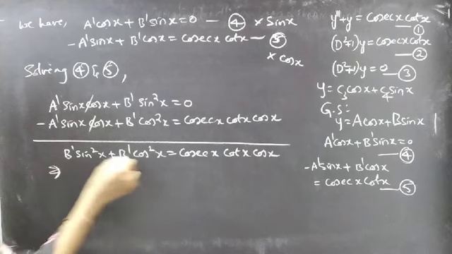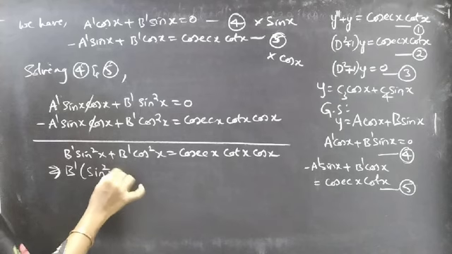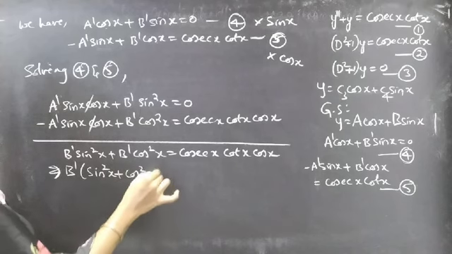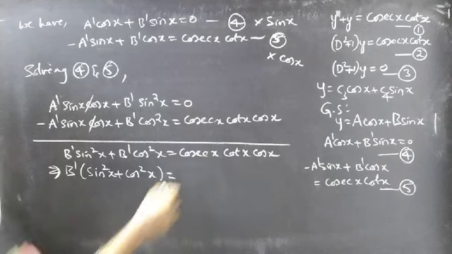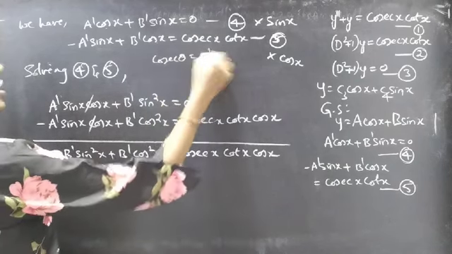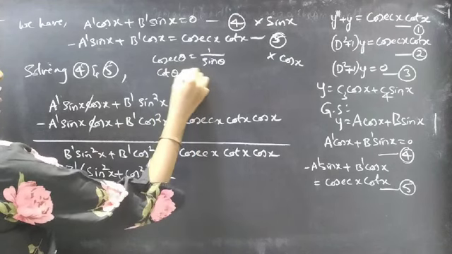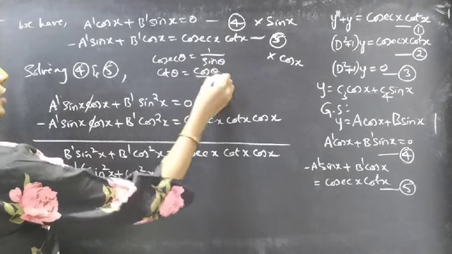Now take b dash common from these two terms, we'll get b dash of sin square x plus cos square x equals, we can write cosecant theta as reciprocal of sin theta and cot theta as cos theta by sin theta.